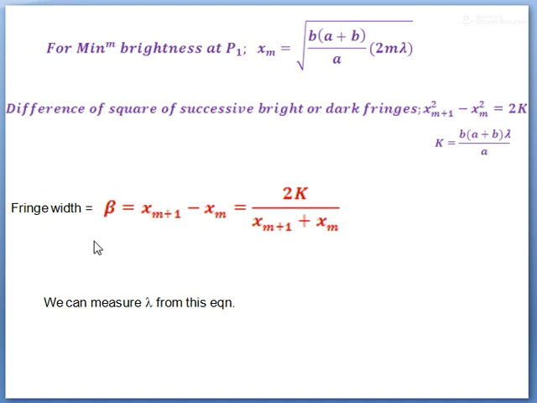So fringe width, that will be xm plus 1 minus xm, so 2k divided by xm plus 1. এখন যদি আমি ধরে নিই যে this xm plus 1 and xm are nearly equal, so this will be k by xm, right? এবং এই ইকুয়েশন থেকে আমি যদি বিটা ক্যালকুলেট করতে পারি, তাহলে from this equation I can calculate the value of lambda using k equal to b into a plus b by a into lambda. Okay, তাহলে আপাতত এই পর্যন্ত, থ্যাংক ইউ.